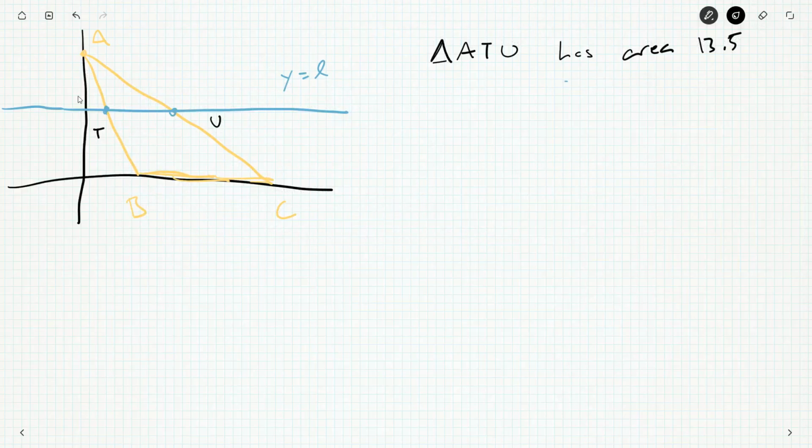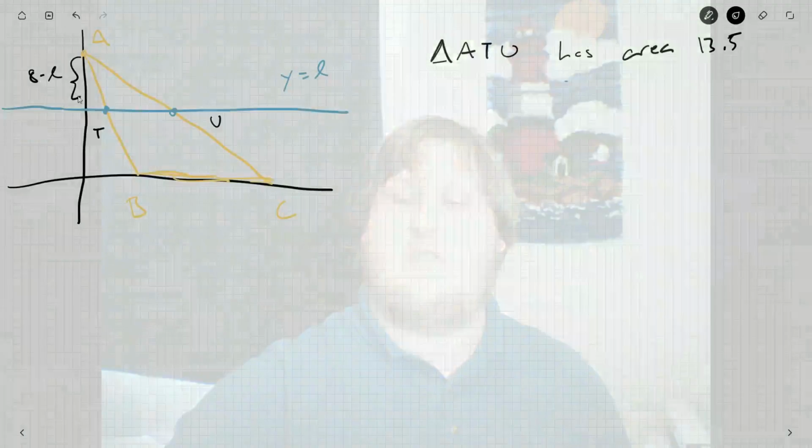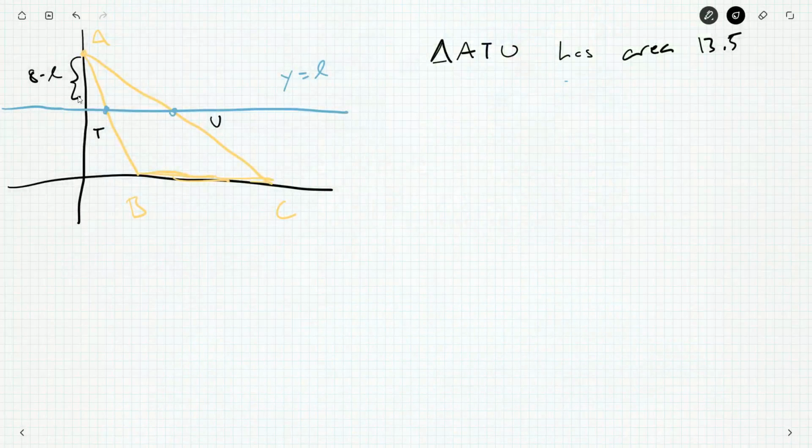And the height here is going to be 8 minus L. And so then we have base times height, we can solve for L. I think that would be a fantastic way to do it, and I will do it that way in just a moment. But I also want to point out that we can do this, I think, by similar triangles. So that's the one I want to attempt first. I think it's going to be the faster way. Okay.